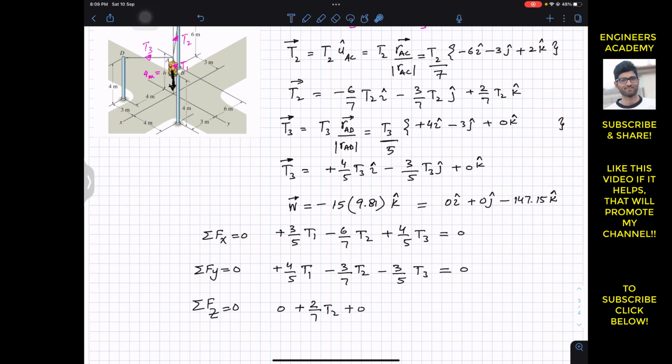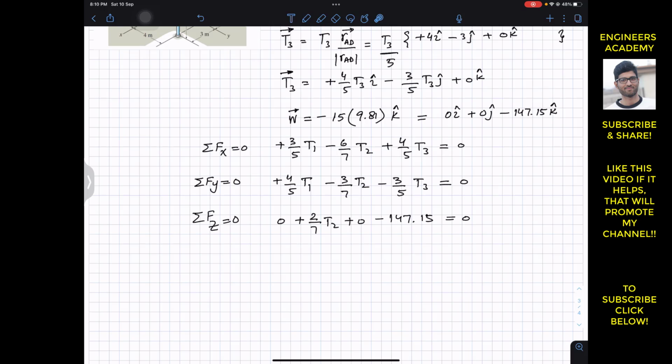In the summation of the forces along x and y, the x and y components of the weight are 0, so that is why we have only T1, T2 and T3 in both of these equations. But in the last equation we will have this minus 147.15, and this must be equal to 0.